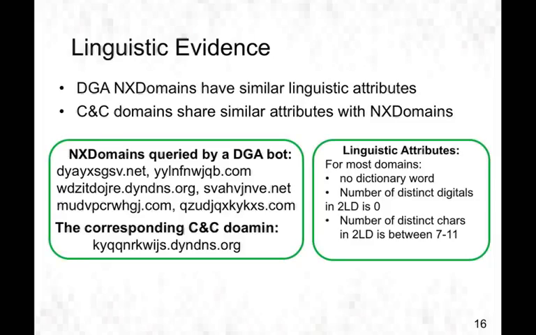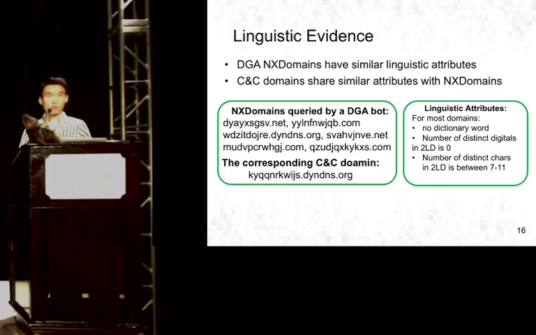The next evidence we use is linguistic evidence. That means the DGA NX domains have very similar linguistic attributes, and the CNC domains also have similar linguistic attributes. By linguistic attributes, I mean things like a similar length of the second-level domain, similar entropy to calculate the randomness of a string, and how many dictionary words they have in their domain, something like this.